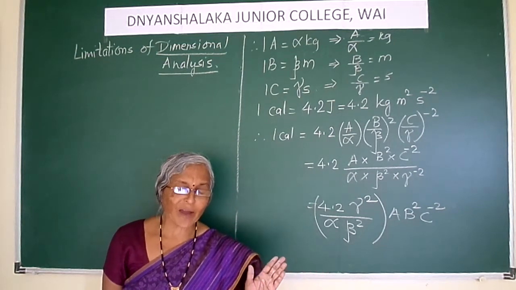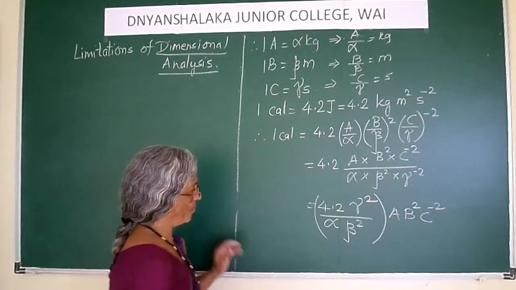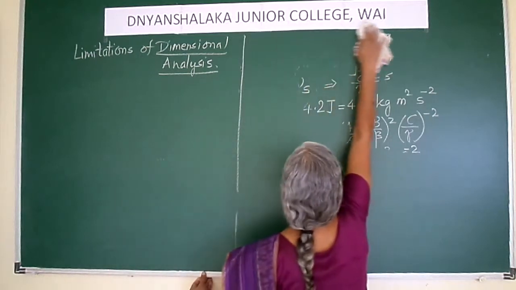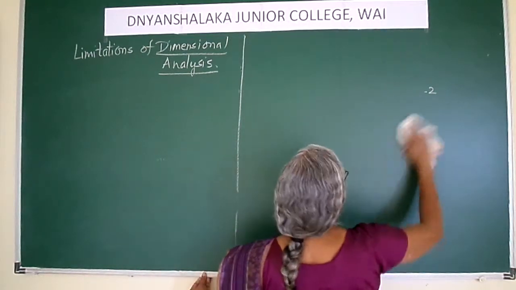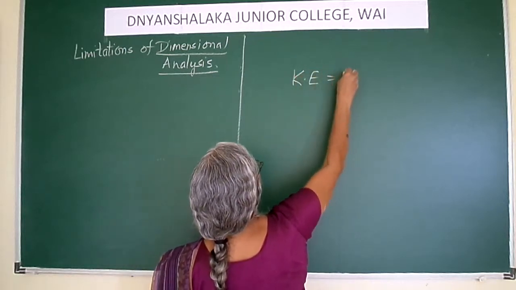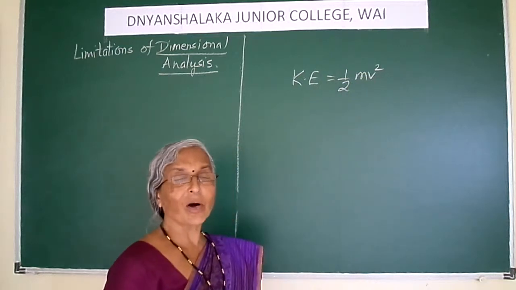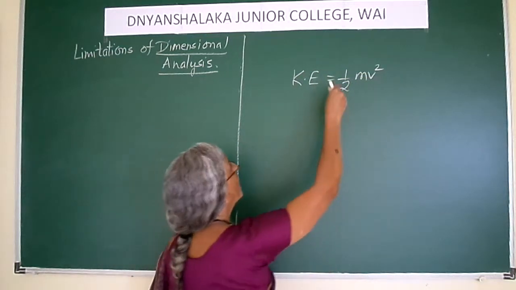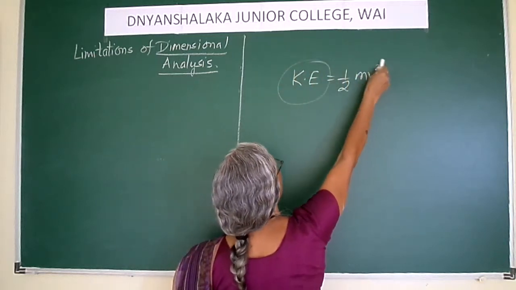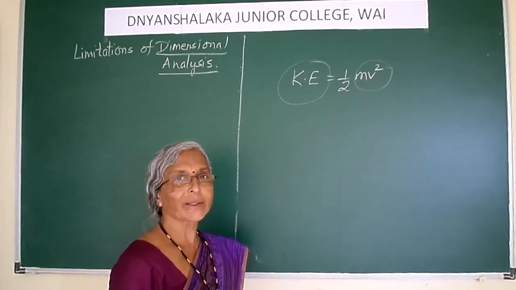We had taken the example of the equation, kinetic energy is equal to half mv square. Yes students, kinetic energy is equal to half mv square. Then what have we proved? We have proved that the dimensions of kinetic energy are equal to the dimensions of the product mv square. Correct?